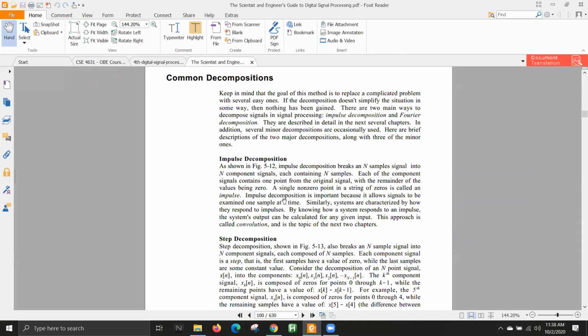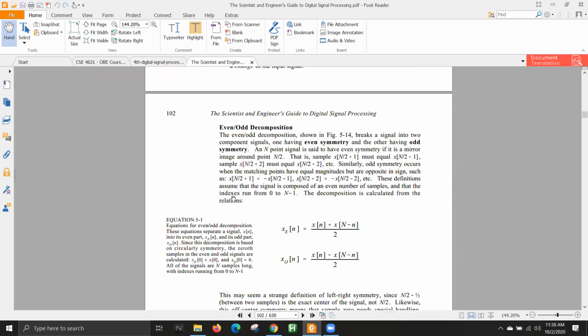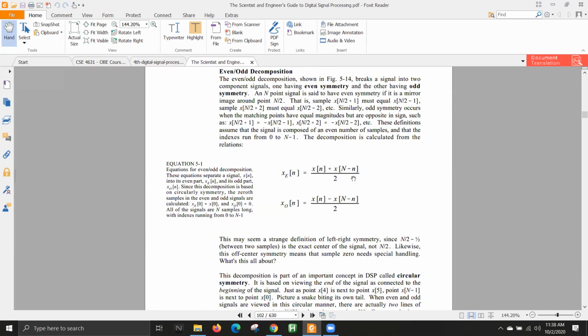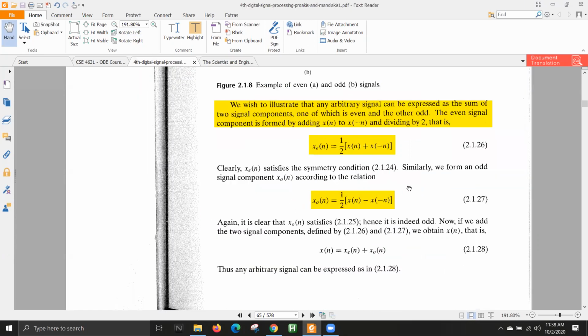You'll notice here when we talk about even odd decomposition in the next chapter, ওটাই বলে যে এই জিনিসটা নিয়ে কথা বলবে. So we'll see that later on in more details.